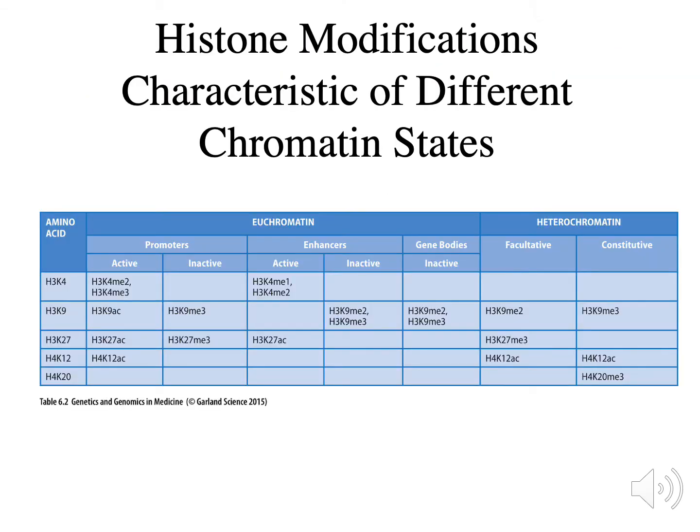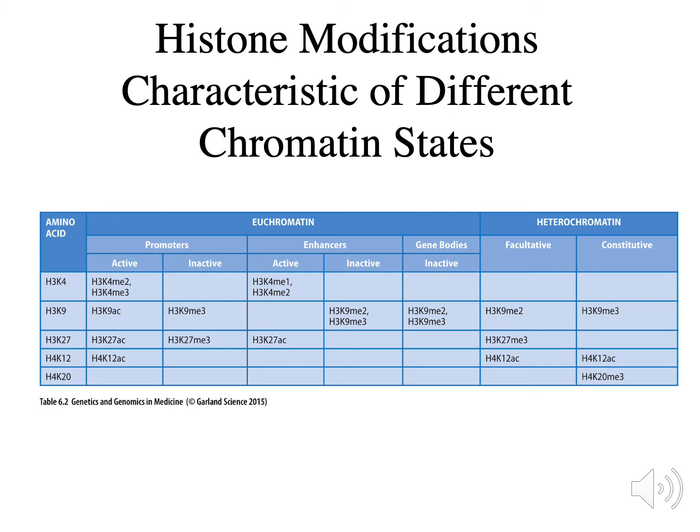Next, we're looking at a table here from your textbook that talks about histone modifications that are characteristic of different chromatin states, and this just gives you some examples. If we talk about histone 3, and we look at the fourth lysine residue, the nomenclature H3K4 is describing histone H3, and specifically the fourth lysine.